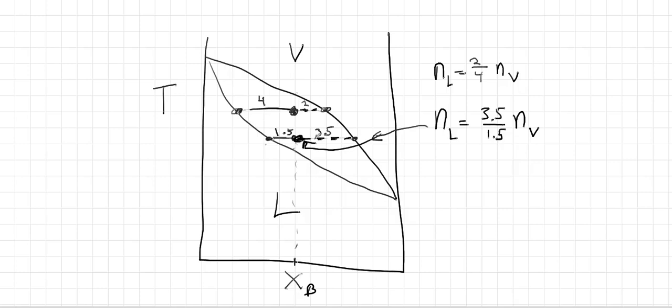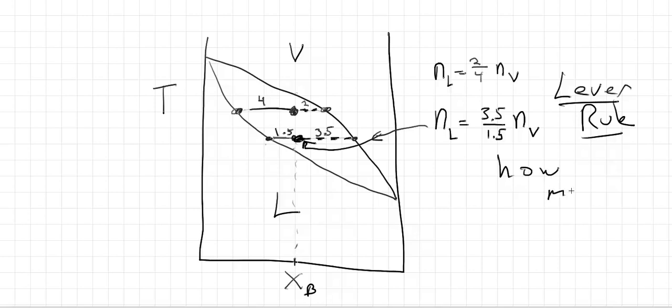Okay? That's called the lever rule, and you need to be able to use the lever rule to tell me how much of each phase we have. Okay? So the lever rule tells you how much of each phase. So if we look at this, we can see this is, let's see, about 3 over.